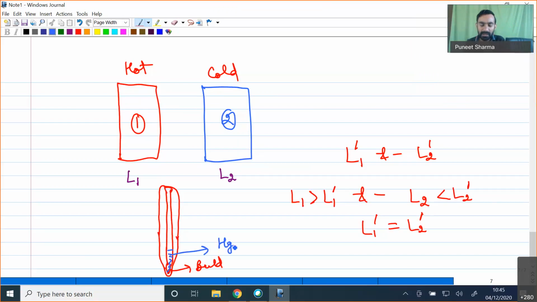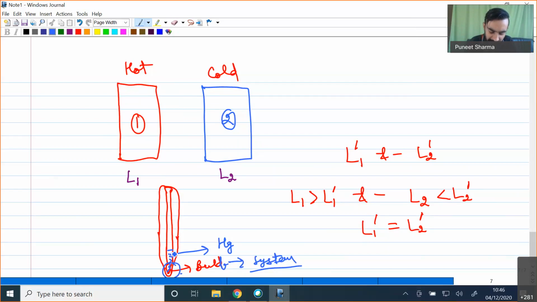Now what will be happening if we make contact of this bulb with our system of unknown temperature, for which I want to measure the temperature? I can make this bulb in contact with the system, and there will first be transfer of heat because of the difference of temperature.